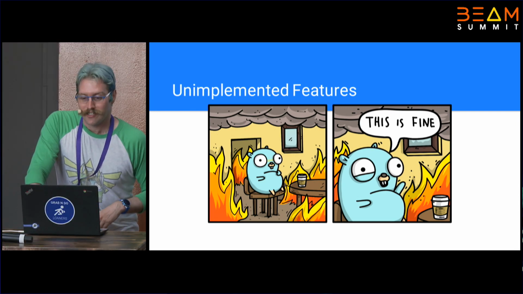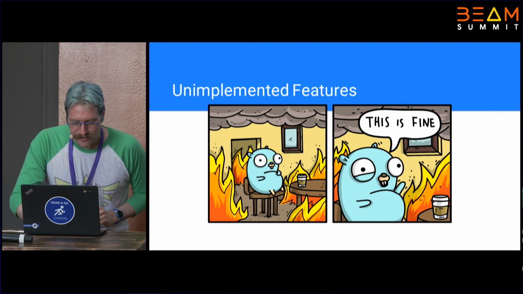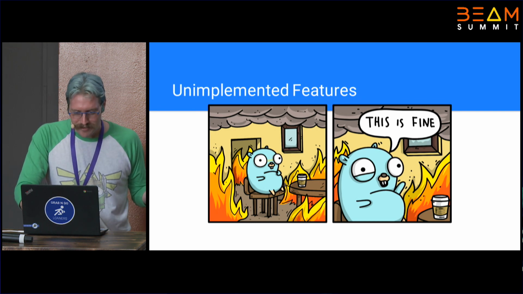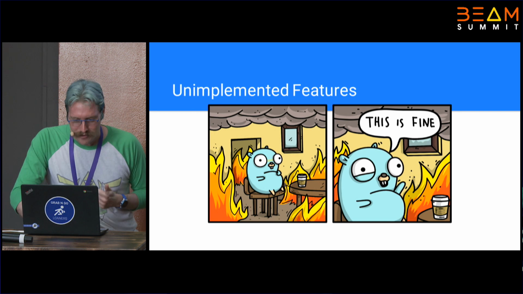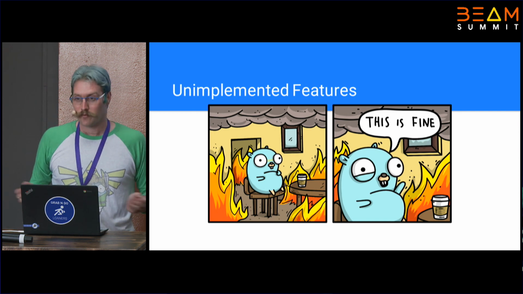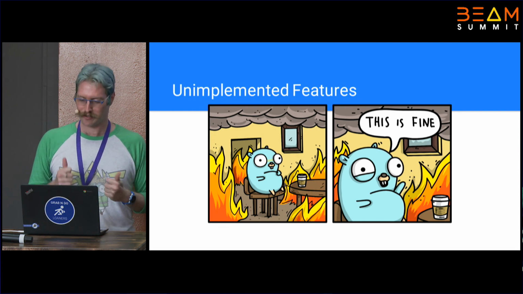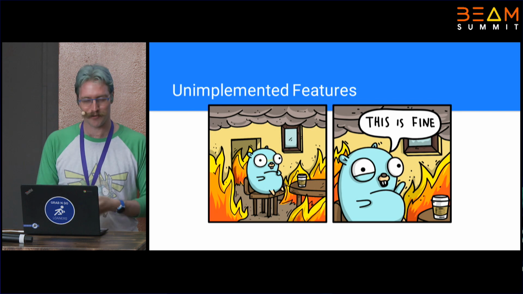Unimplemented features in the SDK. Since this is taking longer than I thought it would, here's basically the state of the SDK. Batch works very well. We have all the basics for things working for ParDos, CoGroupByKeys, combines, and so forth.